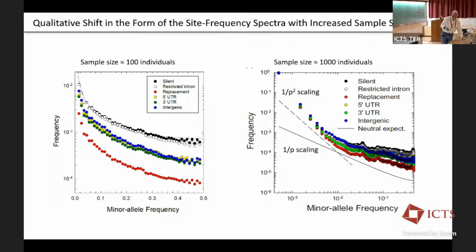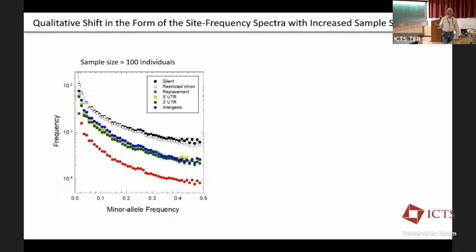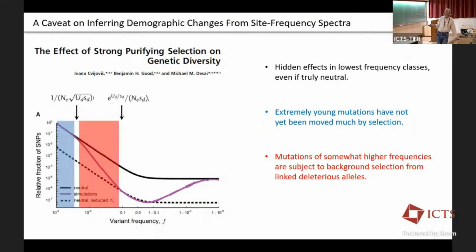It depends on the deleterious mutation rate in the region and the selective effects. Maybe you can do the math in your head. Those are the breakpoints.